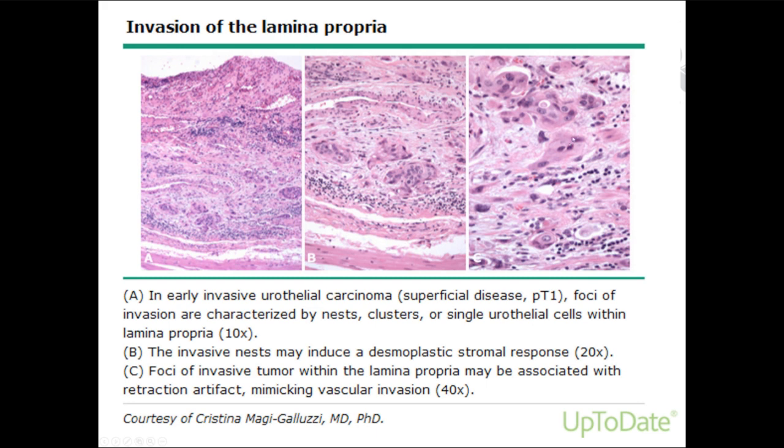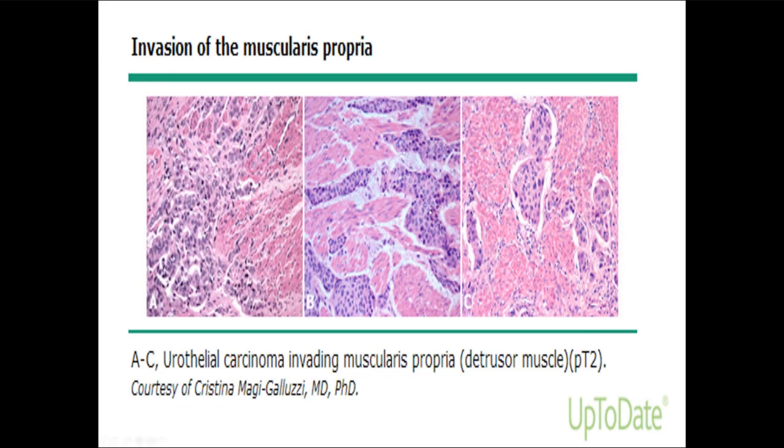And if you look at higher power in this screen, you can see there may be some retraction artifact here. The other critical thing that we want to convey to the urologist is whether this tumor is invading the muscularis propria. So here you can see some examples of true muscularis propria invasion. You want to look at thick bundles of muscle as the tumor invades into these muscle bundles.